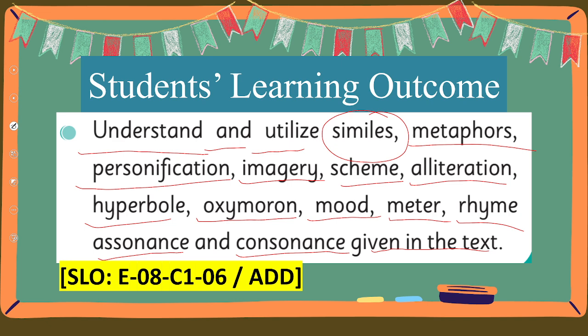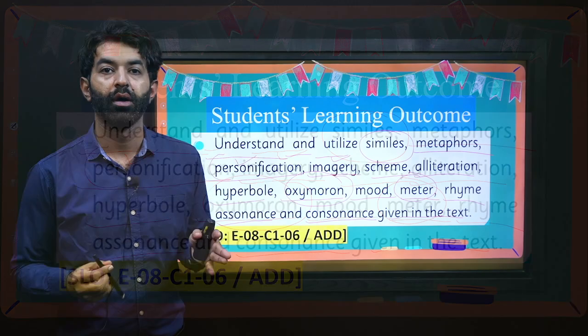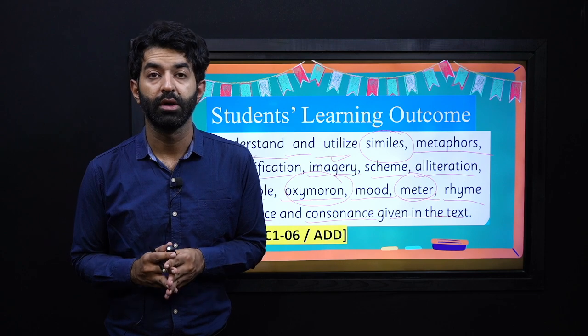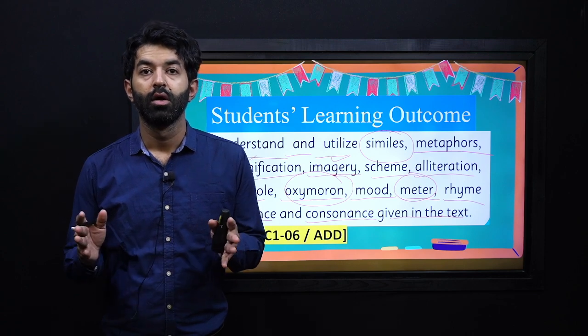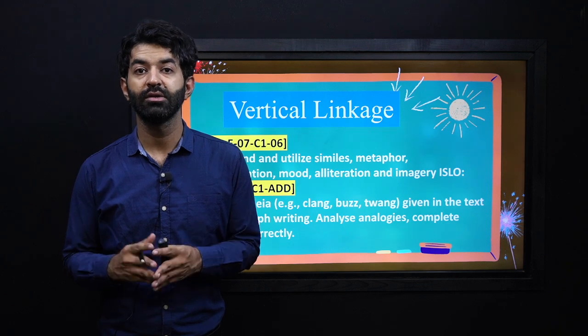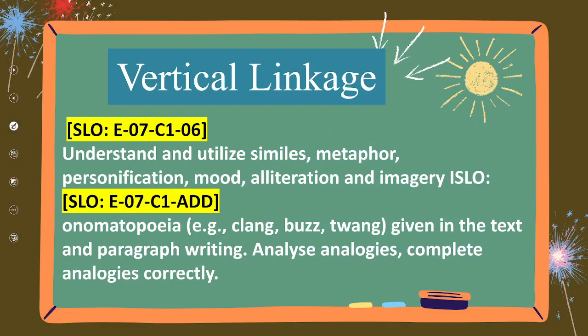Now, in this lecture, students, we are going to talk about personification, imagery, and oxymoron, meter, and all these different highlighted poetic devices. Now, let's introduce you with the vertical linkage.